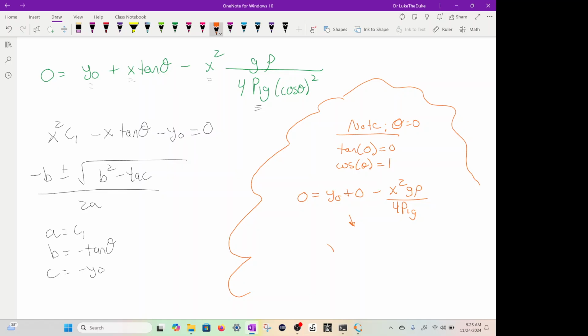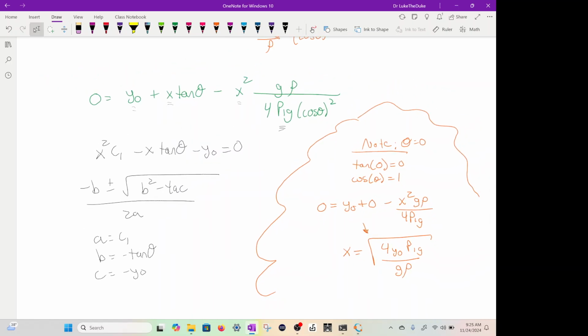And you can solve for x directly by just the square root of 4 y naught p1 gauge over g rho. So if it wasn't at an angle, this becomes a lot easier because you don't have a quadratic equation to solve. But we're going to use pretty much this equation, using the quadratic formula for different thetas and gauge pressures.